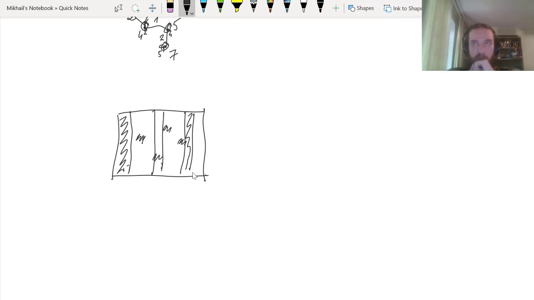So what we can do now is we can sort of forget about all these columns and only treat the rest of the board here and see how many colors we have there.